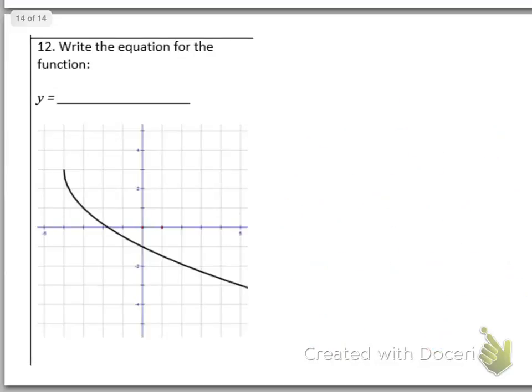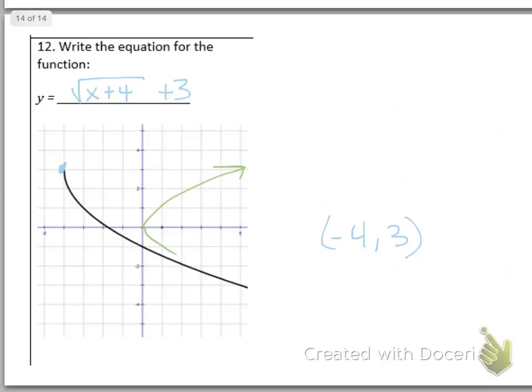Okay, my last one. Remember, to write the equation, we need that HK, so I need this point right here where it starts at, so that is -4, 3. So when I put it into my equation here, remember we always flip the H value, so right now it's a -4, so it needs to be a +4. And then I have my K value. Okay, so my original parent function looked like this.